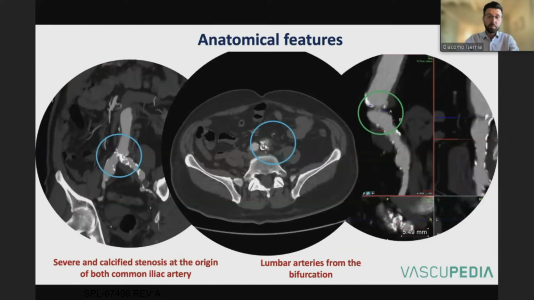But the real problem is at the level of the aortic bifurcation, just below the surgical anastomosis, in which we need to face with a severe and calcified stenosis. At that level, we also have a couple of lumbar arteries that, of course, provide probably a good amount of blood to the spinal cord.